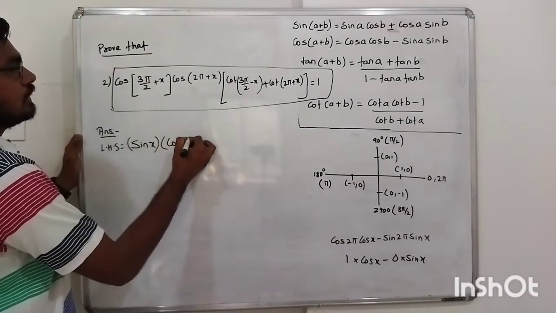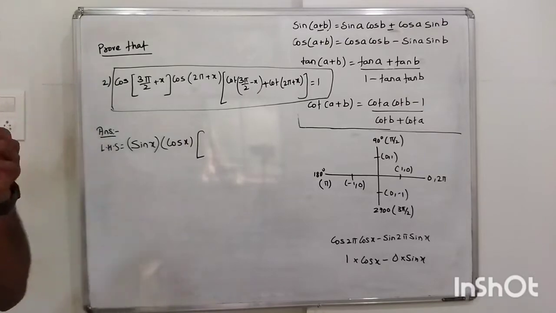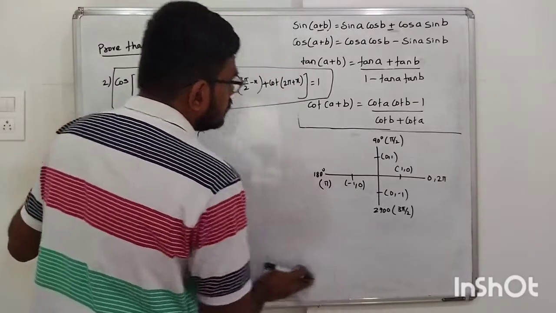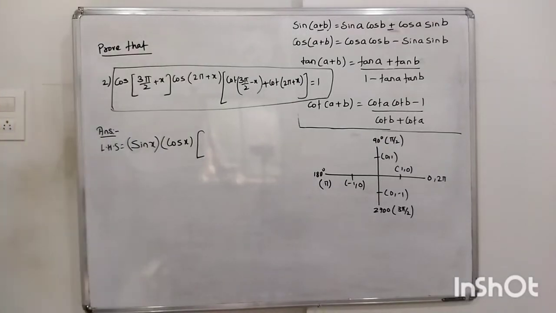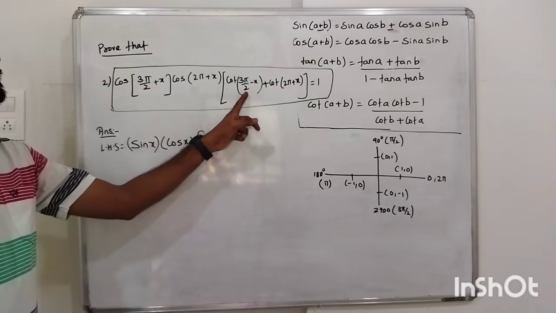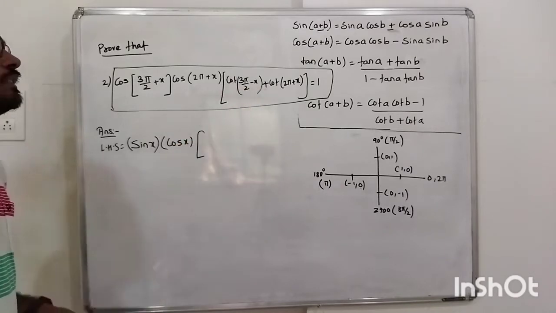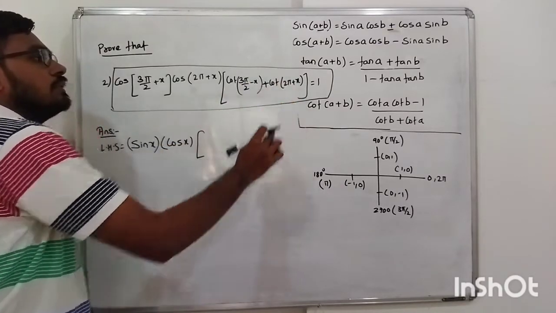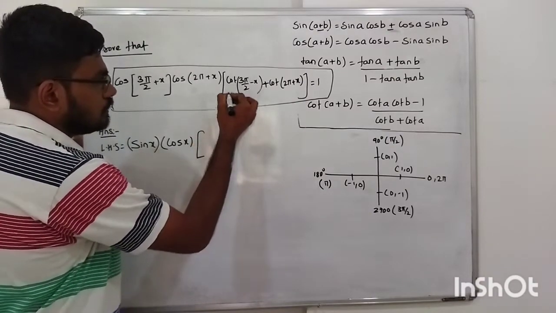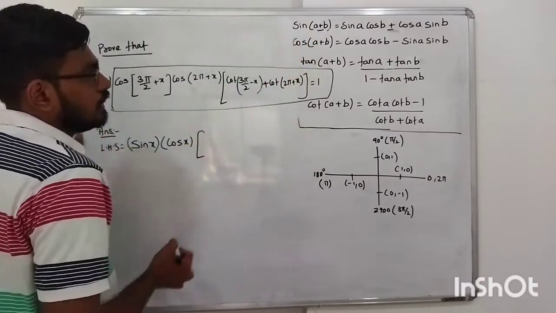Sin x into cos x into cot of 3 pi by 2 minus x. Okay. Now cot of 3 pi by 2 minus x. Cot we can write as cos upon sin. Here we can't use that form. Here we can use. Okay. But best is we will simplify both this, because here we can't use that formula. Okay. So this is far more easier than those formulas.